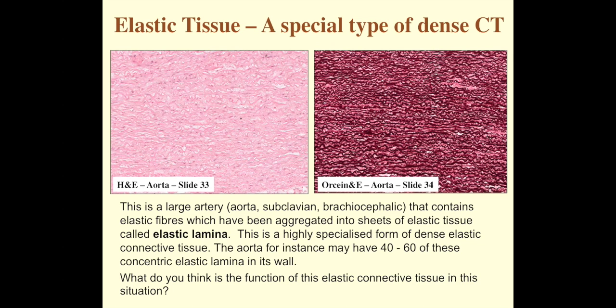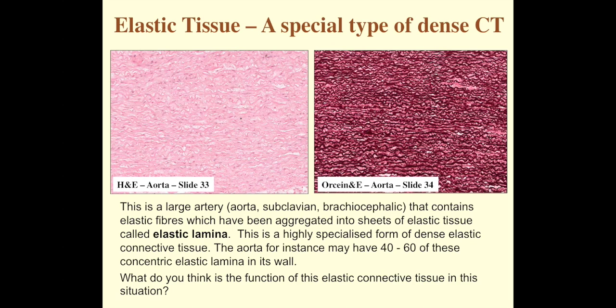Here's an example of a specialized dense connective tissue, which is elastic tissue. We particularly associate it with the large arteries which leave the heart, which are called elastic arteries. Here we have lots and lots of elastic fibers bundled together into structures which we call elastic lamina. They exist as sheets, a bit like a whole series of rubber bands that form the middle layer of this blood vessel.